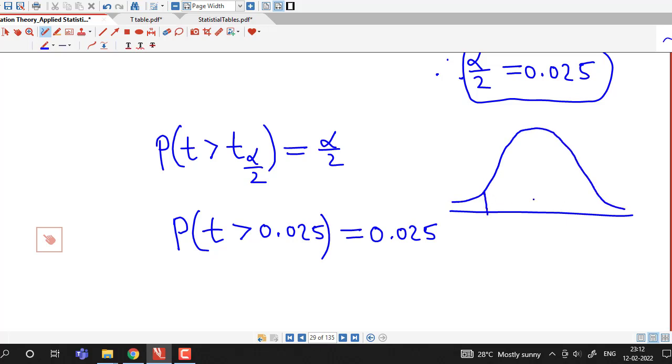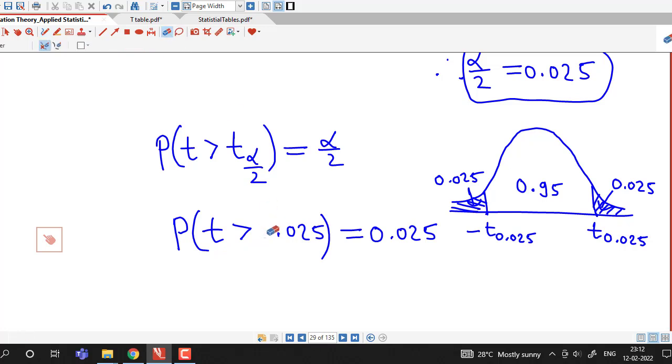So this area covered by left as well as right tail is 0.025. Here also we will have 0.025. So this point is T suffix 0.025, here we will have minus T suffix 0.025, and area in between is 0.95. So we have to find out T suffix 0.025. I don't know what is this value.